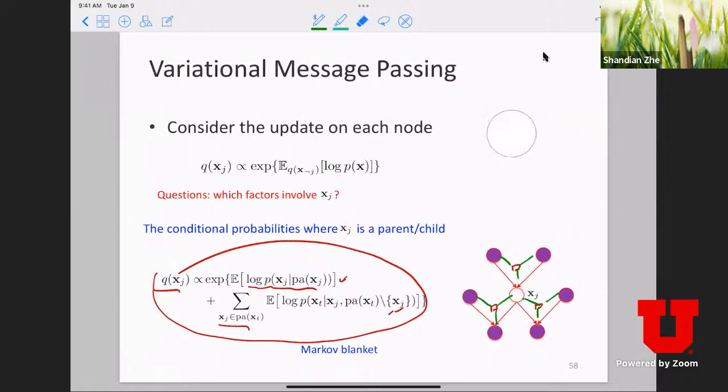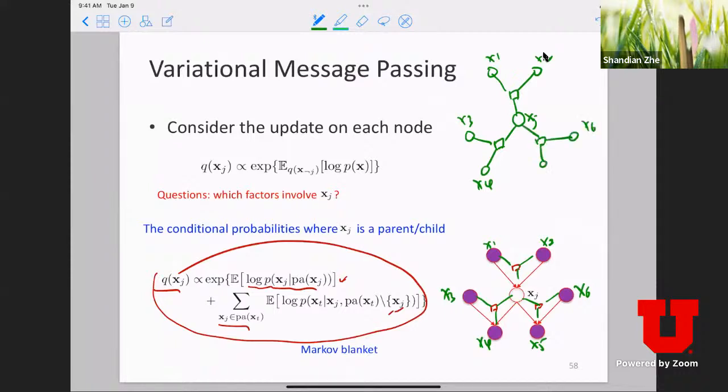Let me use green. So you get a factor here that maps x1, x2, and a factor over x3, x4, x5, x6. Let me denote them by f1, f2, and f3. It's very sloppy notation, but just to give you a sense.